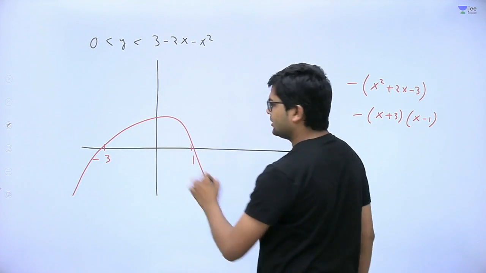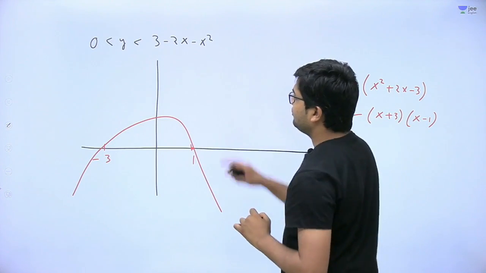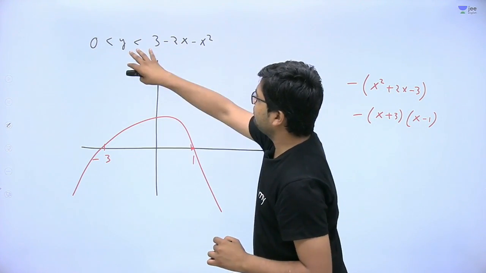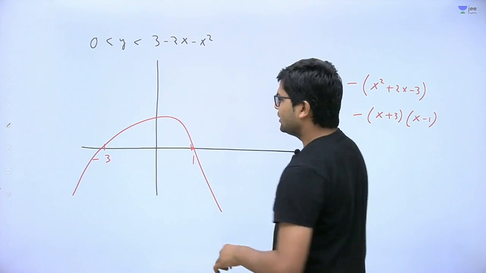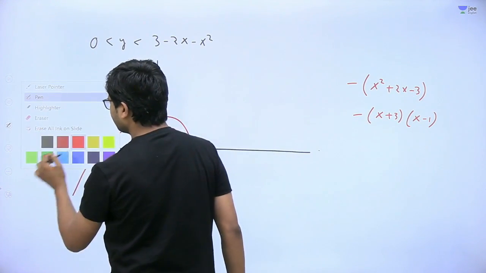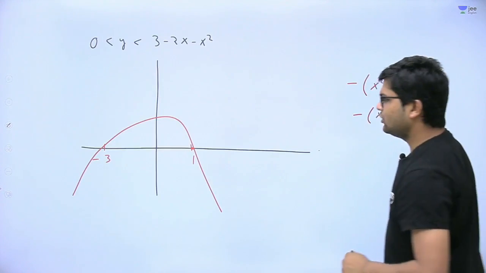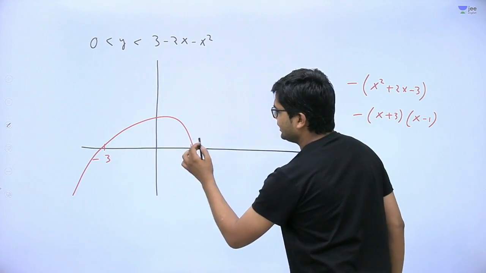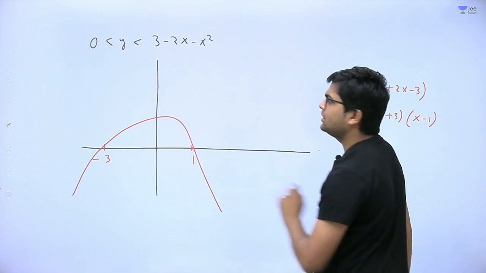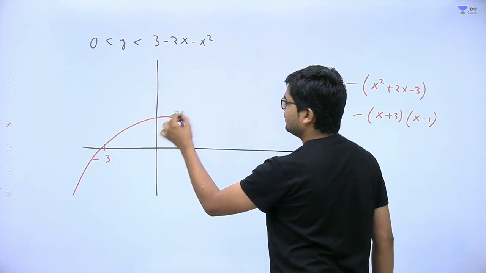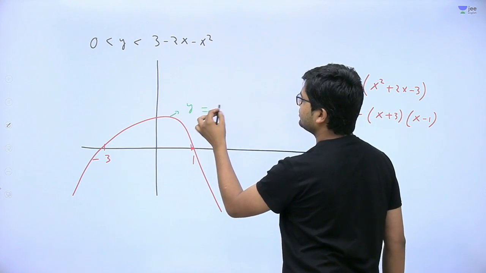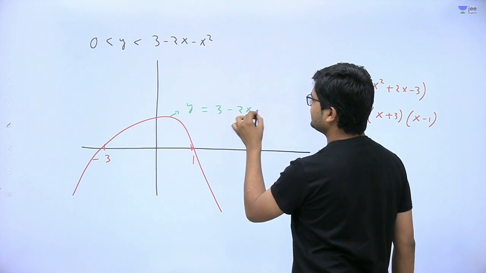Now for this question we need y less than this quadratic. And there is one more thing, x is positive, so we are concerned about the positive part only. For this curve, y is equal to 3 minus 2x minus x square.